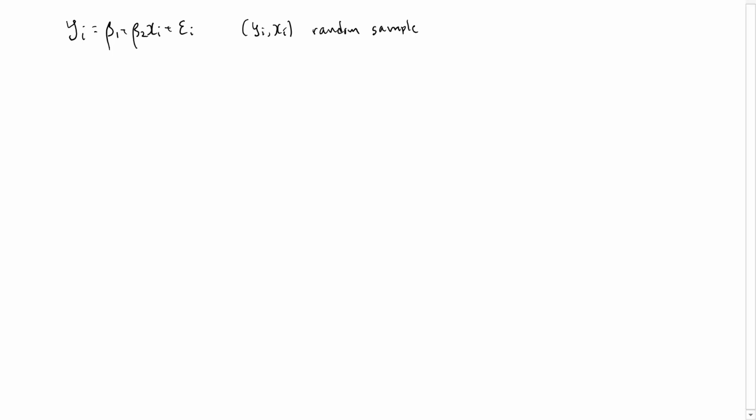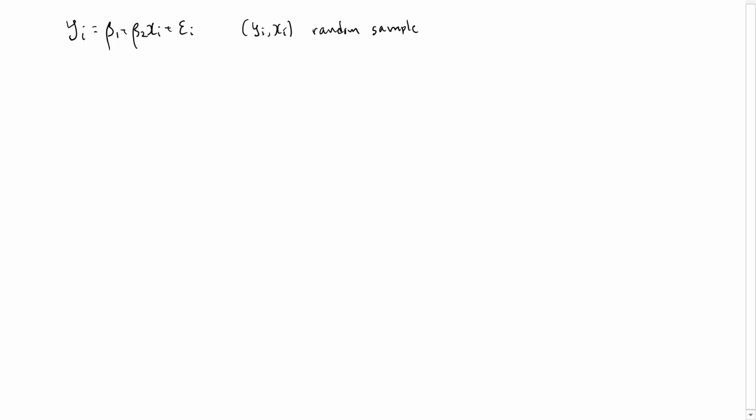So just a quick review: in the case where we had a random sample and cross-sectional data, we could write y_i is beta 1 plus beta 2 x_i plus epsilon_i. We could make the assumption that y_i and x_i is a random sample. And by that we mean that we have independence across observations.